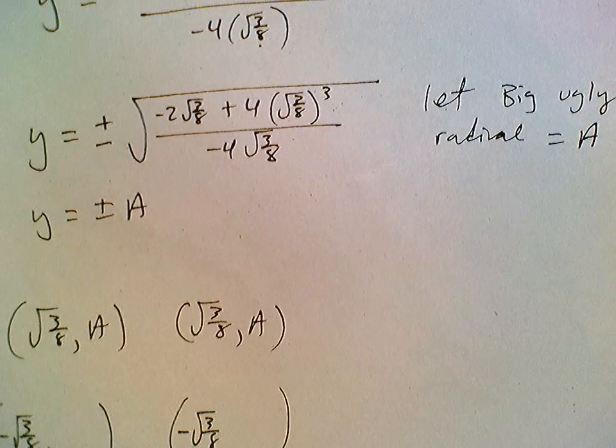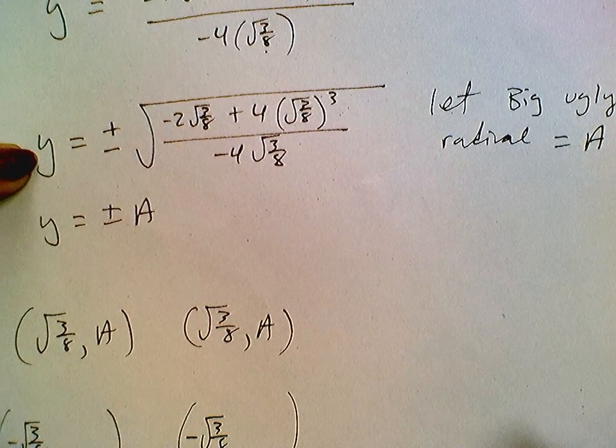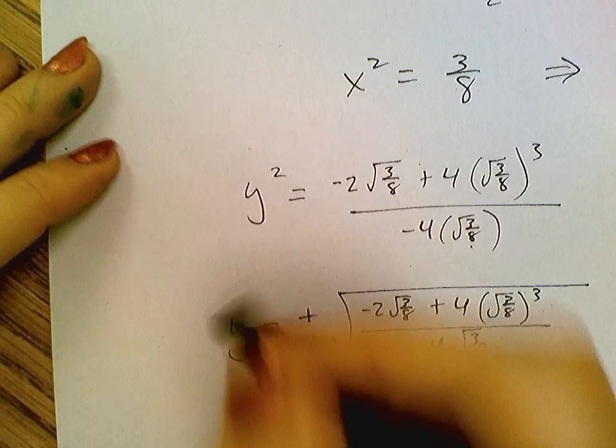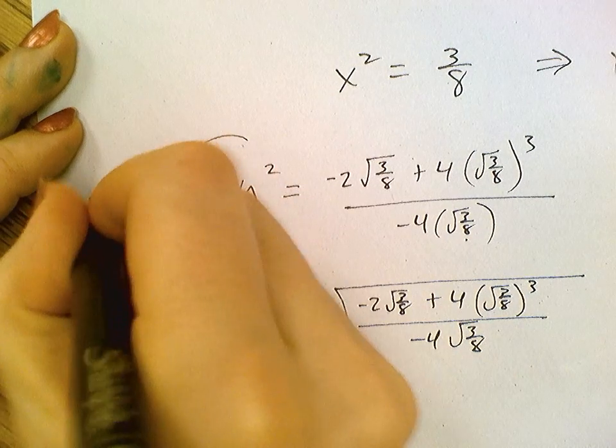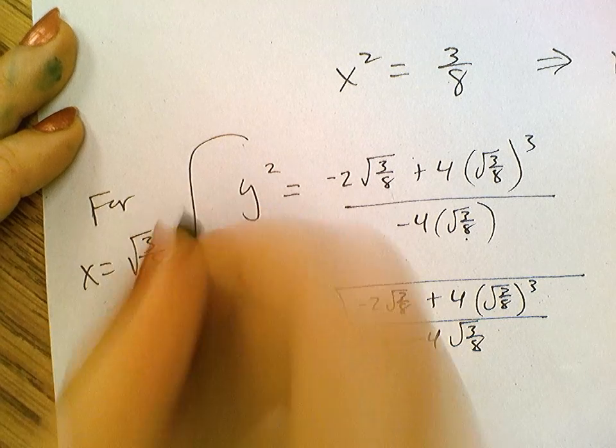Okay, so we're going to have the same thing. This is for x equals positive radical 3/8.